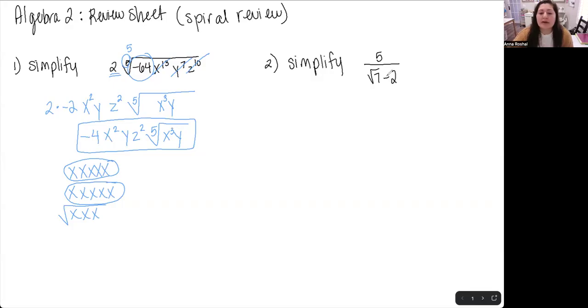Okay. When we're asked to simplify something like this, I would actually say this is called rationalize the denominator. And when we rationalize the denominator, we're going to take this denominator and multiply both numerator and denominator by the flipped, I guess.